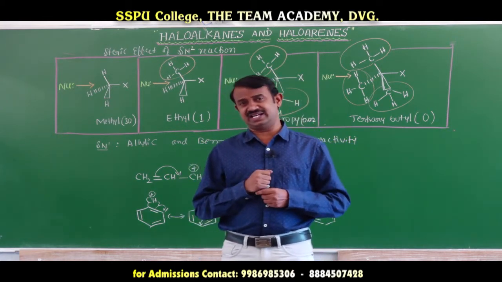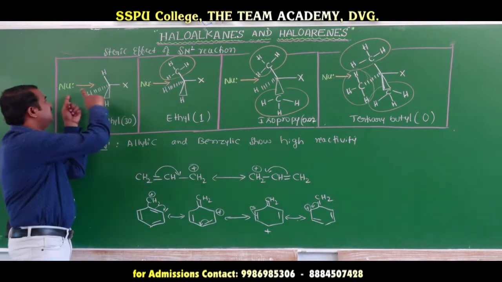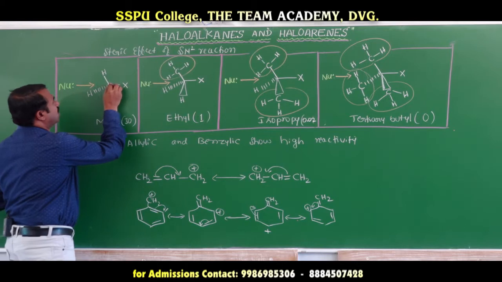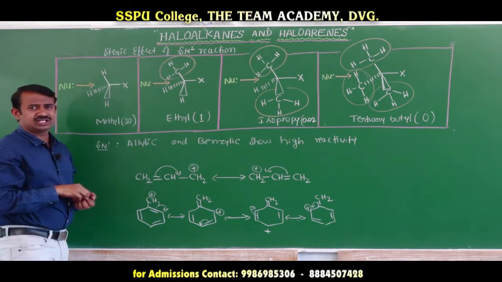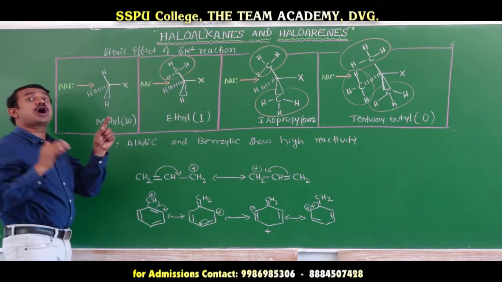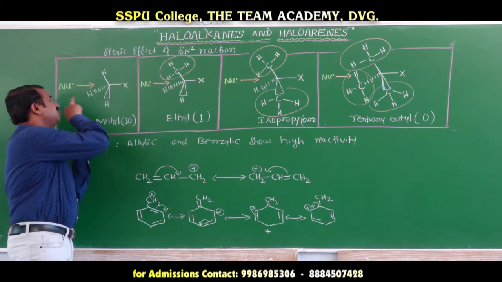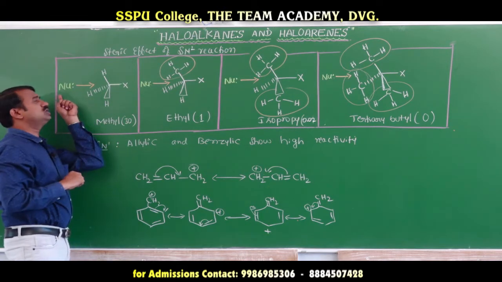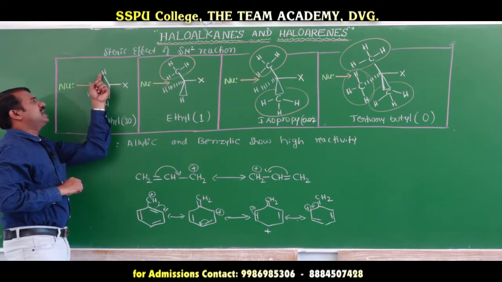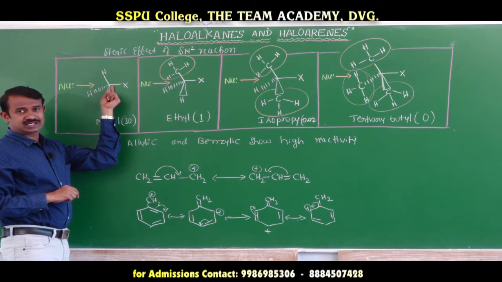What is steric hindrance? Listen here: when the nucleophile attacks the carbon that has a halogen attached, the nucleophile approaches from the opposite direction of the C-X bond. When hydrogen and hydrogen are there, the nucleophile easily attacks the carbon atom.